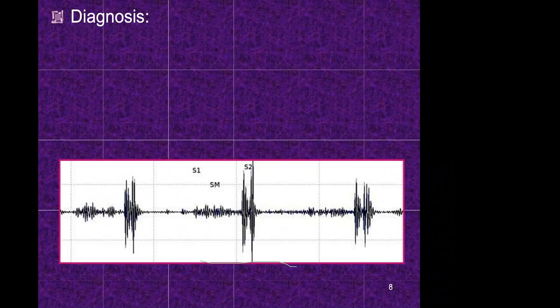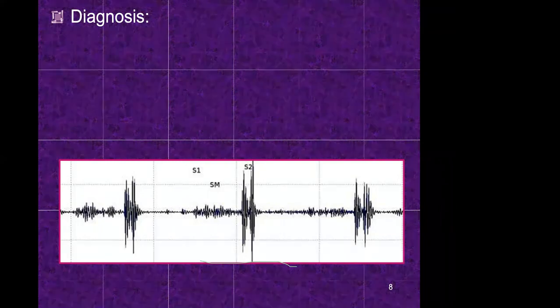So this is a phonocardiogram. What you notice over here is, is S1 normal or abnormal? S1 is normal, and in S2, you notice something special.